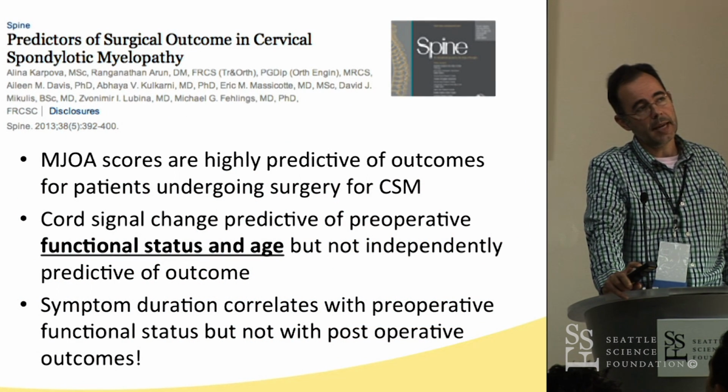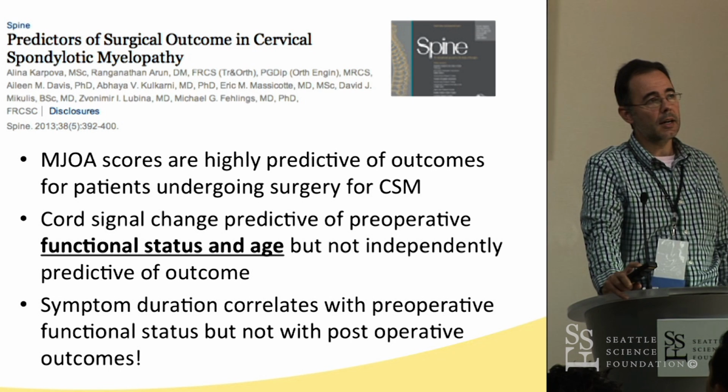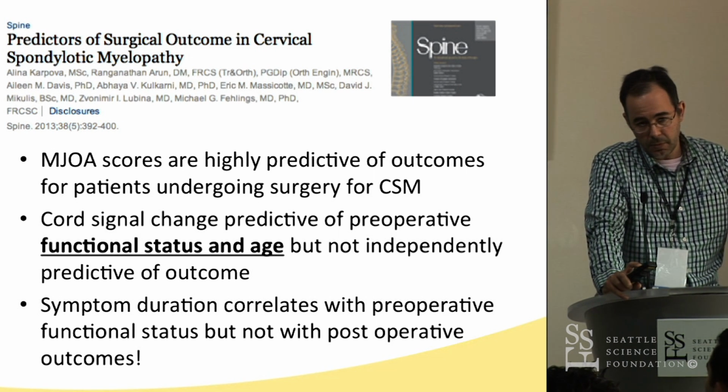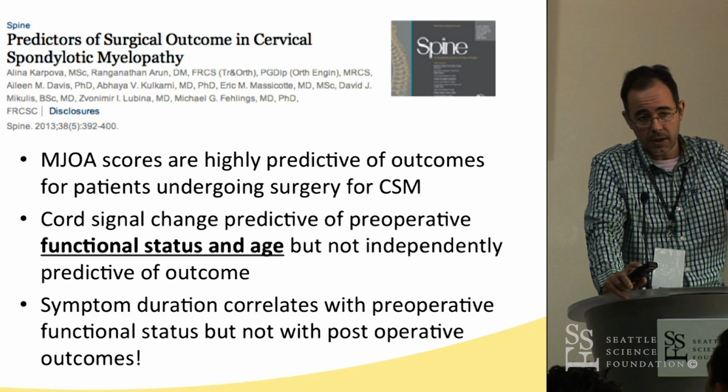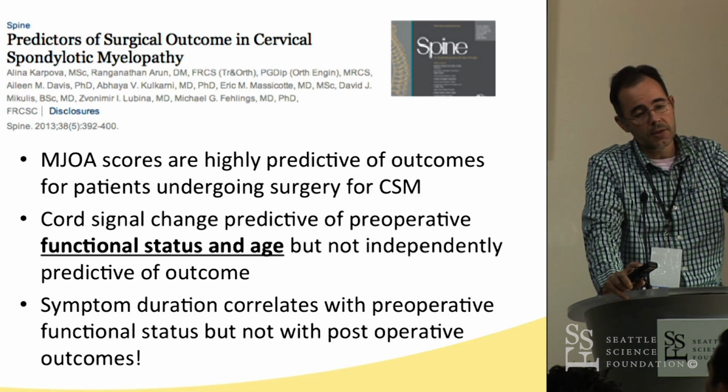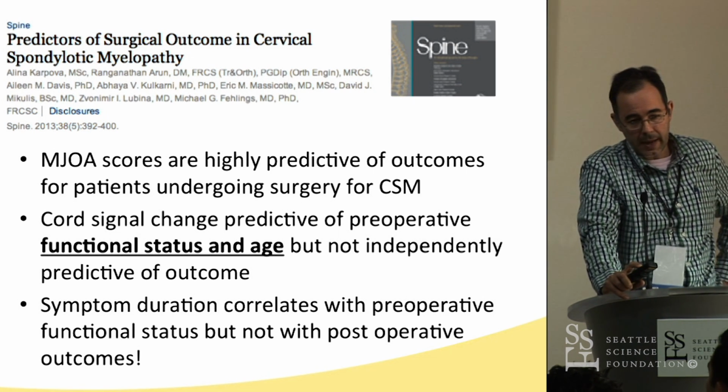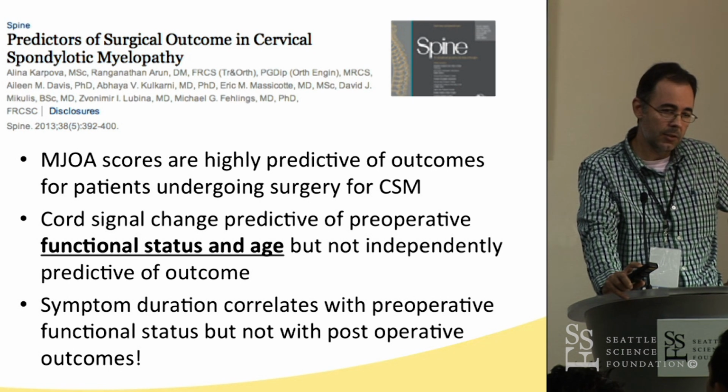In this paper, again, the Modified Japanese Orthopedic Association scores were used to help predict outcome. And so it's been shown that there are certain myelopathic grades that do better than others.